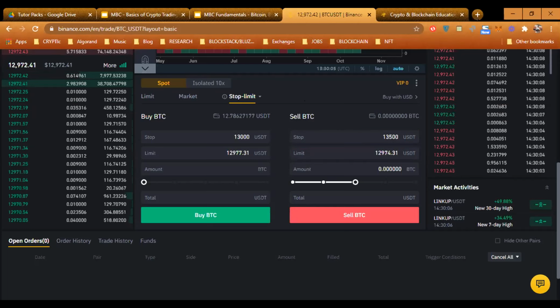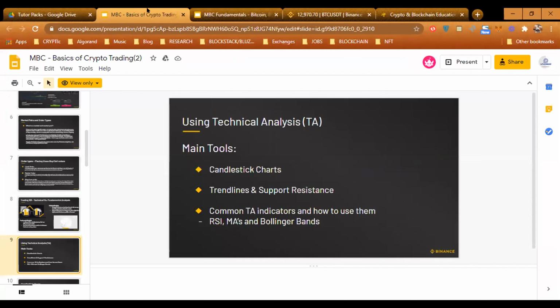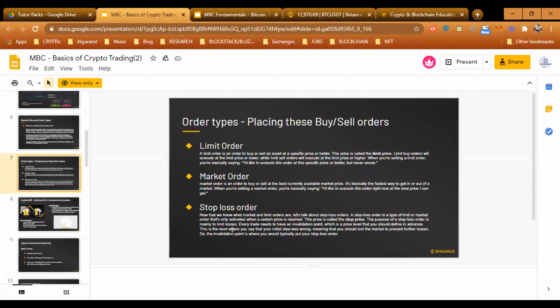The stop limit is very important. But just let me know in the chat if you understood what I just said. Okay, so apparently we understand the difference right now between limit order, market order, and stop loss order.